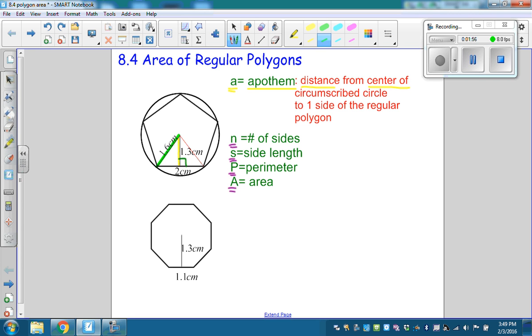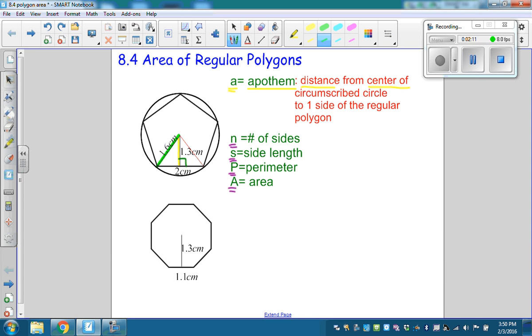Okay, and so I put this picture together so you see the difference between the radius of the circle and the apothem of the polygon, but together those make triangles.